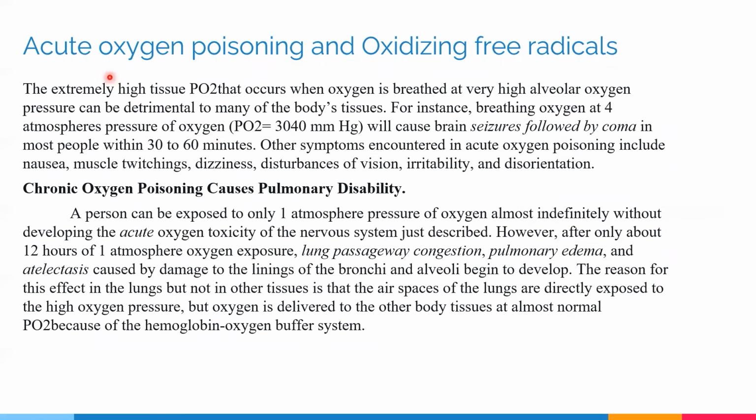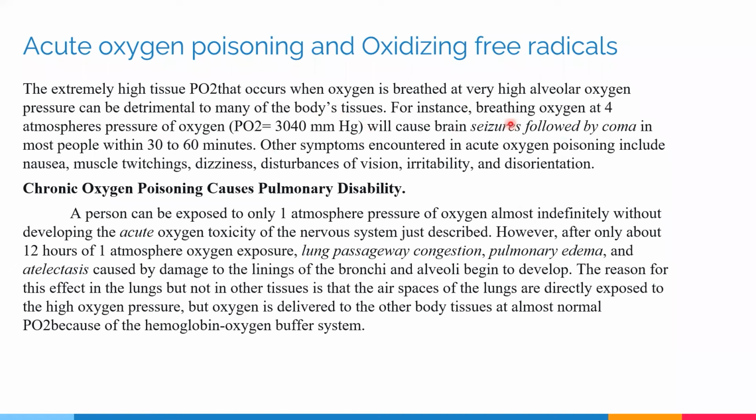Next, we look into acute oxygen poisoning and oxidizing free radicals. The extremely high tissue PO2 that occurs when oxygen is breathed at very high alveolar oxygen pressure can be detrimental to many of the body's tissues.